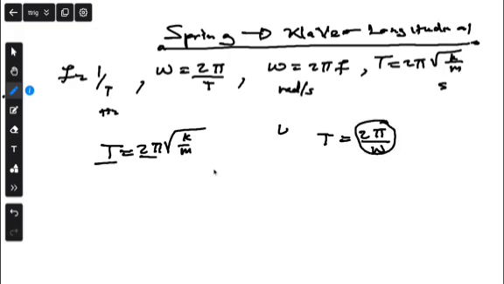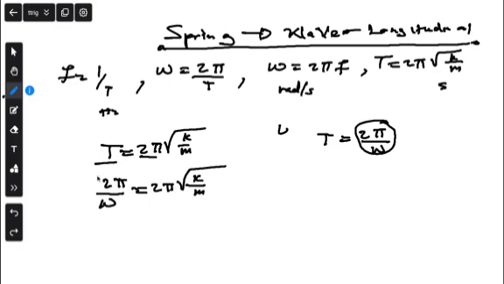So if I say 2 pi divided by the angular velocity, this is going to be equal to 2 pi, then root of k divided by m. Have you seen this one? So from here, if I want to make angular velocity the subject of the formula, you and I know that these two can cancel each other. How?